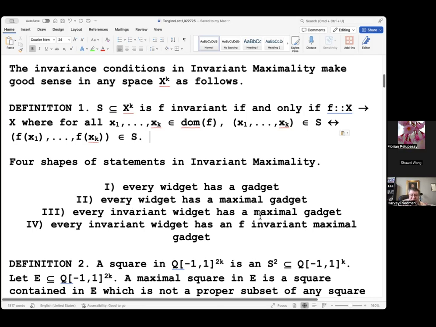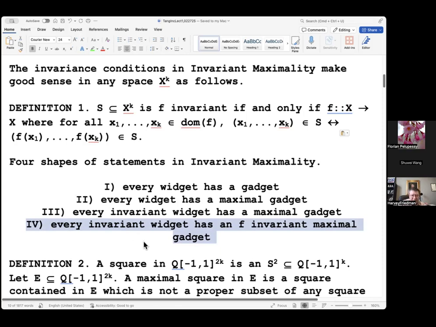Every invariant widget has a maximal gadget is weaker. We only use one notion of invariance for the front end. This is weaker, but we actually study the maximal gadget being computable, highly computable, exponential time computable, I believe is what we want here. This is probably subject to some interesting computational complexity issues. And then finally, this is the red meat, the main point: every invariant widget has an F invariant maximal gadget. That's what we really want.